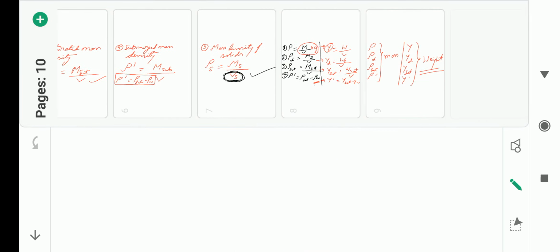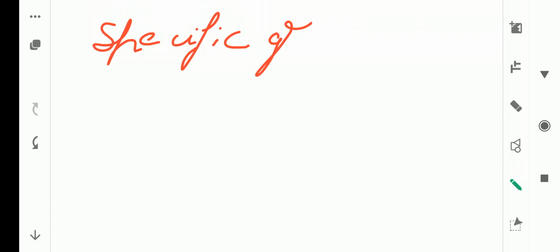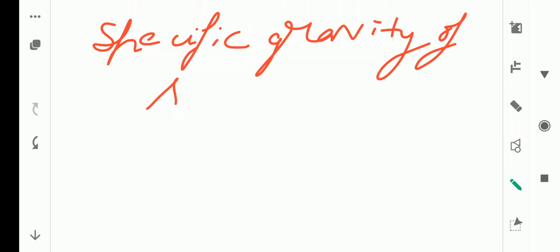Next, there is a term called specific gravity of solids. Let us see what this is.